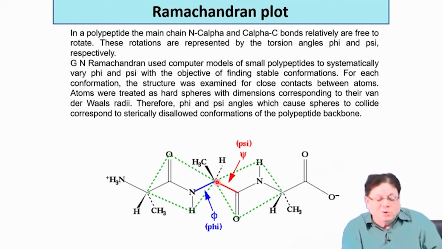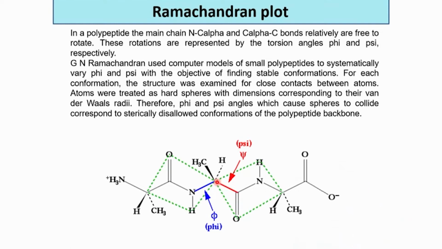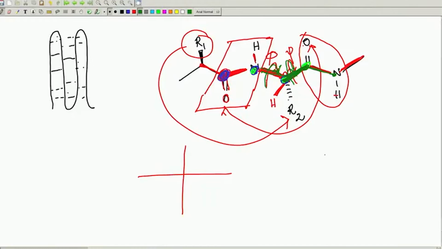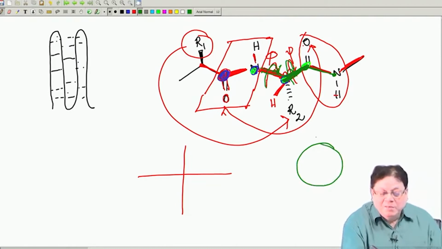I can show you very simply, when we talked about the geometry of just n-butane, remember what was the dihedral angle between the methyls?